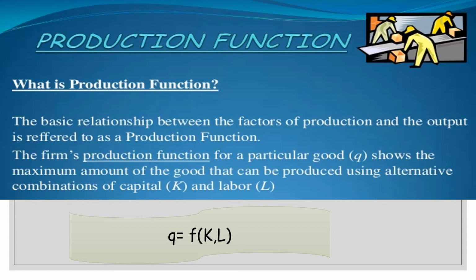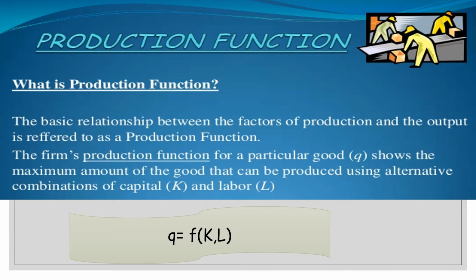Basically, how much capital you are going to use in the business and how much labor you are going to employ in the business will let you know how much quantity of goods is to be produced. So production function is the study of the relationship between the functions of capital and labor.